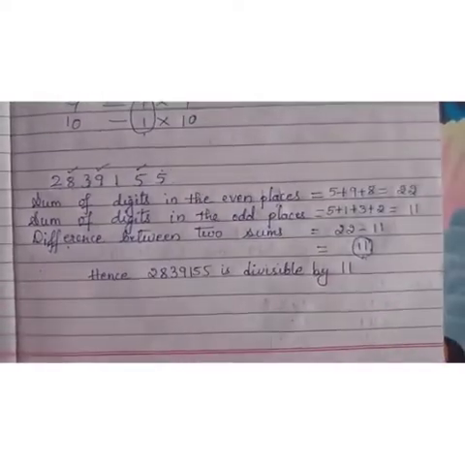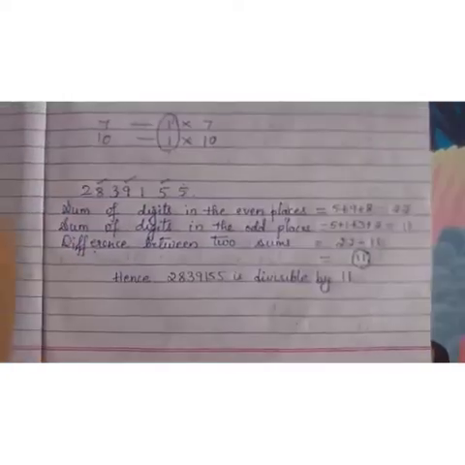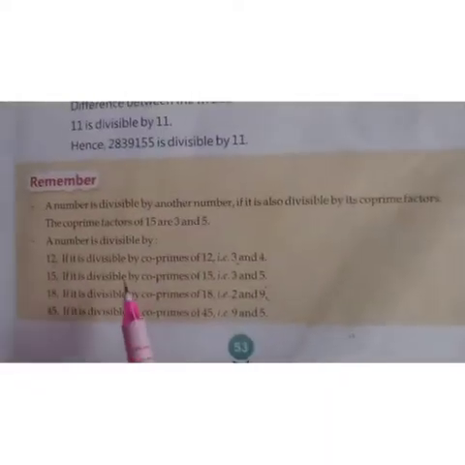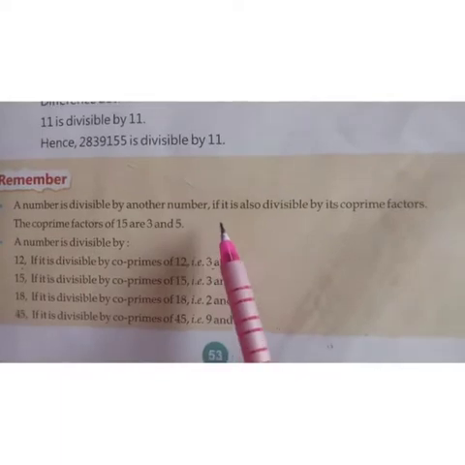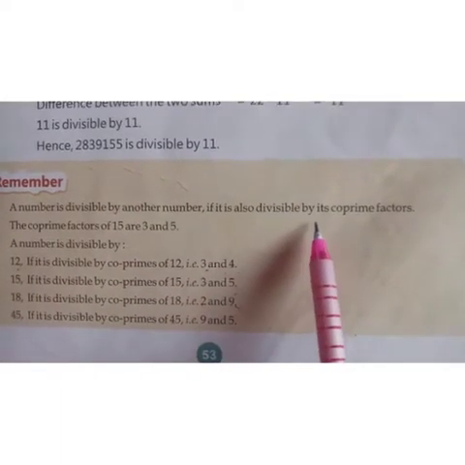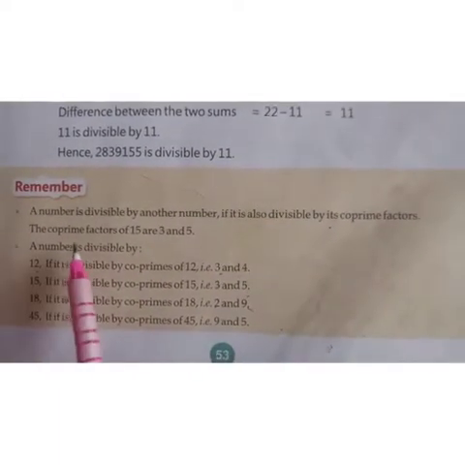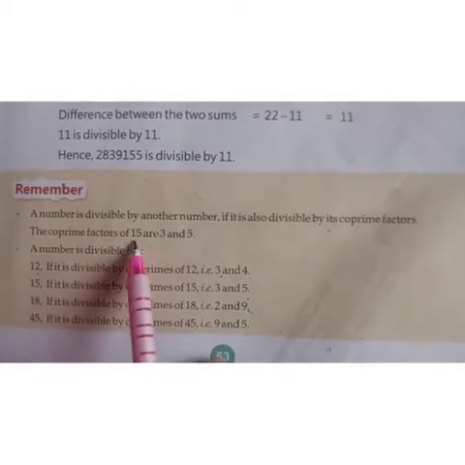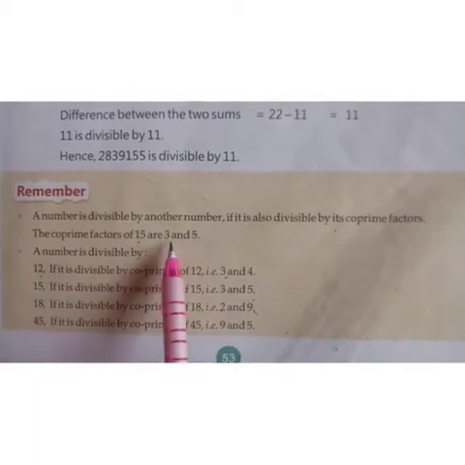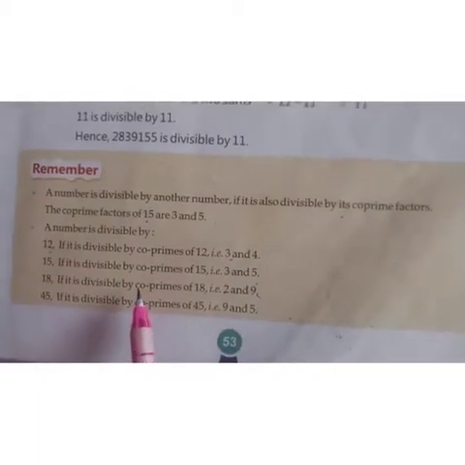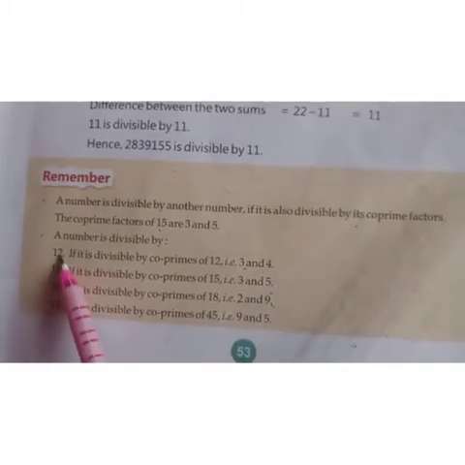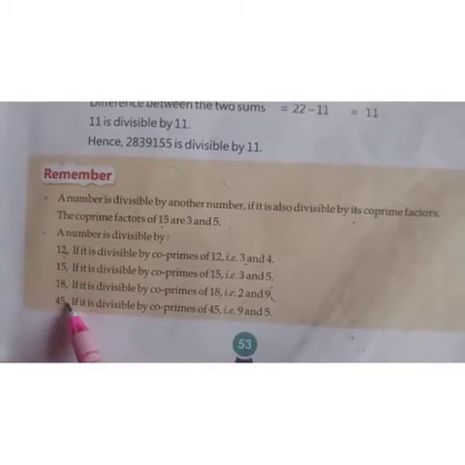I hope divisibility is clear. There are some other rules. Remember, a number is divisible by another number if it is also divisible by its co-prime factors. Co-prime factors of 15 are 3 and 5. Next, they have given divisibility by the numbers 12, 15, 18 and 45.